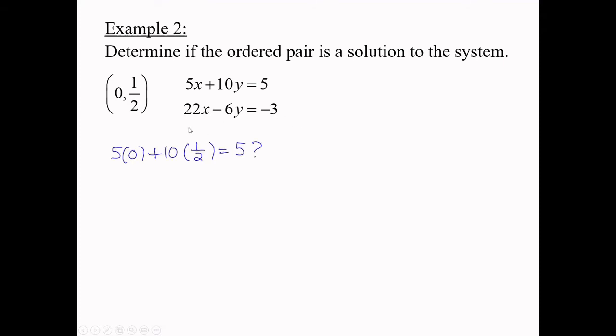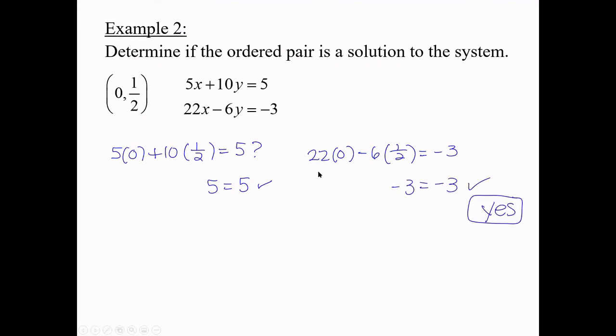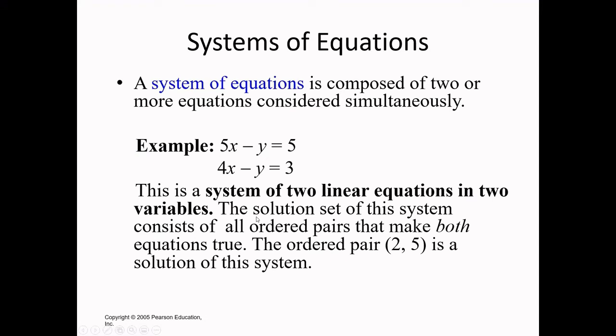Well, let's try it. Here we try the 0, 1/2 in the top equation, it works. We try it in the bottom equation, and it works. What that means is that this is indeed the point where the lines from those equations would intersect.